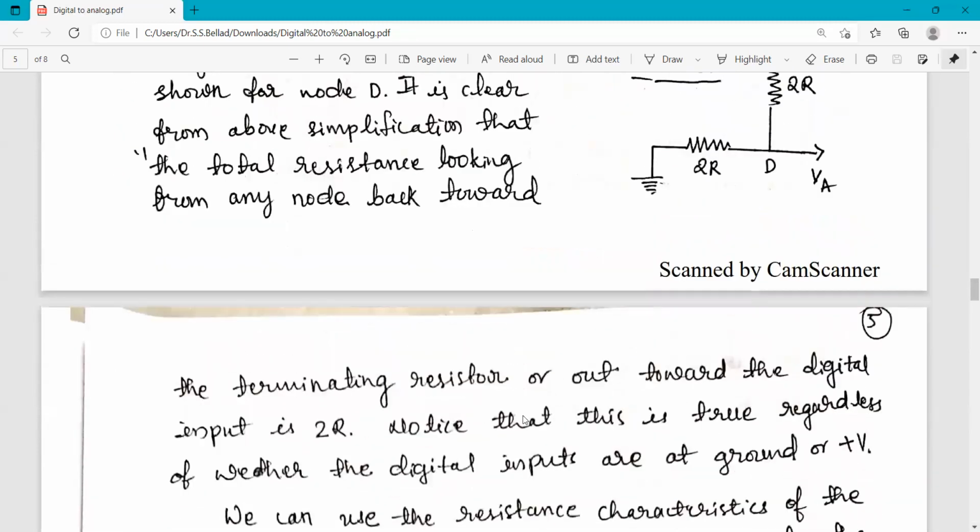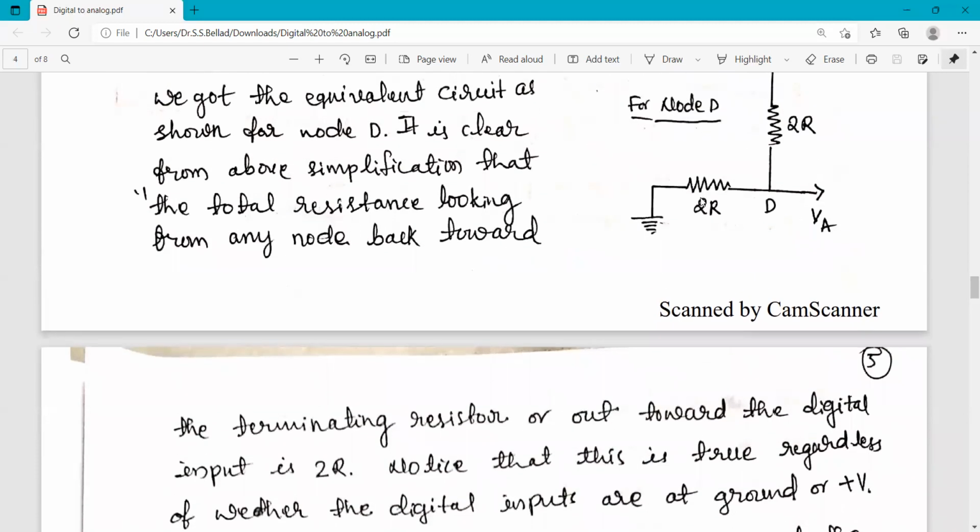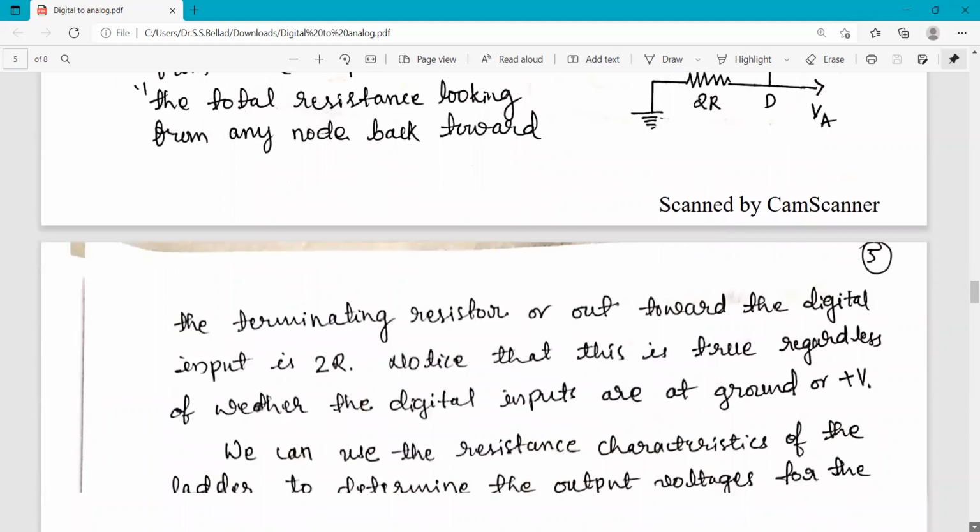Try to understand this very important line: the total resistance looking from any node back toward the terminating resistor or out toward the digital input is 2R. So this point is clear now.